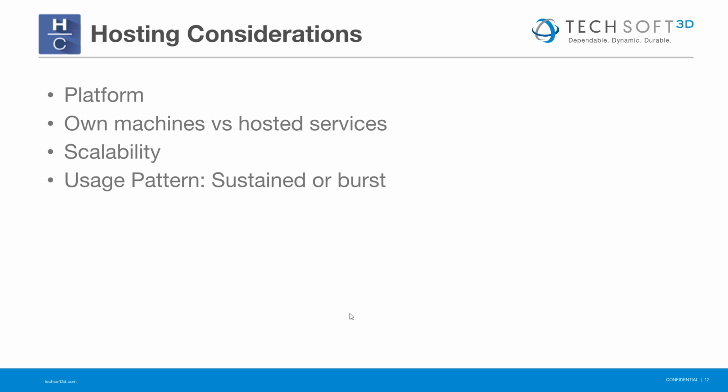The next thing you're going to want to decide on is whether you want to use your own machines versus hosted services. Now, there's a couple of things that go into this, and each have their own advantages and disadvantages. So if you're going to be using your own machines, the major disadvantage is that you're going to have to provide all that infrastructure yourself.